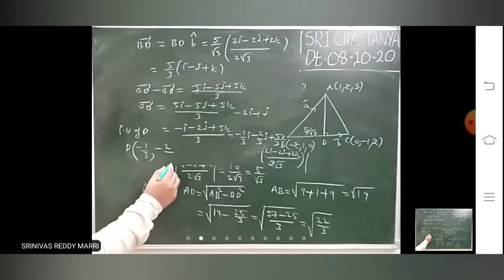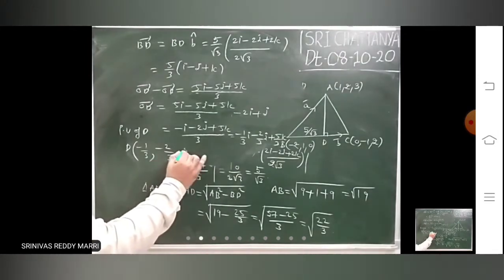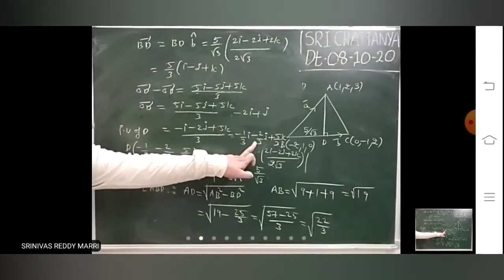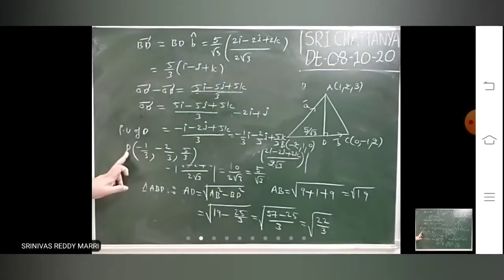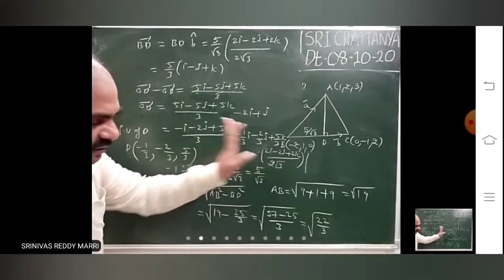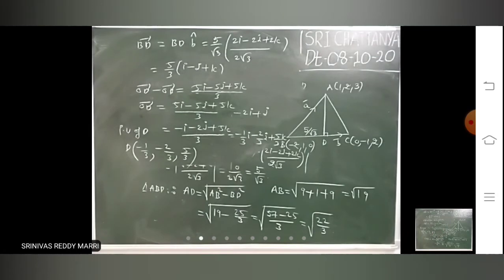Coordinates are nothing but minus 1 by 3, minus 2 by 3, 5 by 3. You can ask in both ways. Position vector means vector. If the position vector is known, how to write the point? Just the i coefficient is the x coordinate, j coefficient is the y coordinate, k coefficient is the z coordinate, like that.